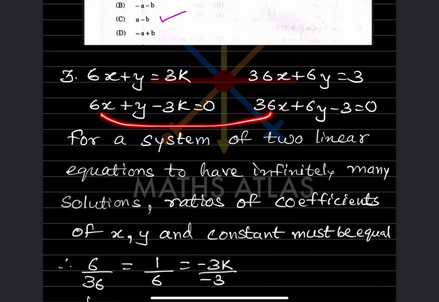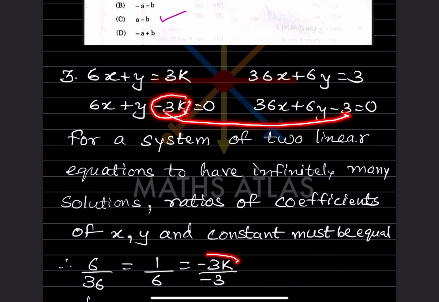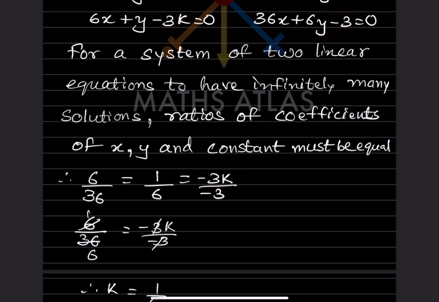So 6 by 36 is equal to, for y there is nothing, meaning 1 by 6, is equal to the constant. The constant is going to be minus 3k. You have to take k along with this, because k is included in the constant, so minus 3 by minus 3. When you solve this, let us take this and this one, because we want the value of k.